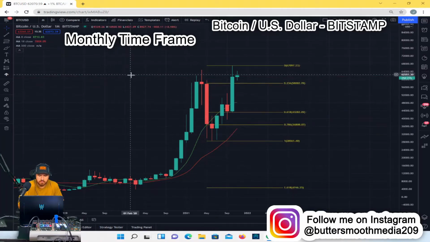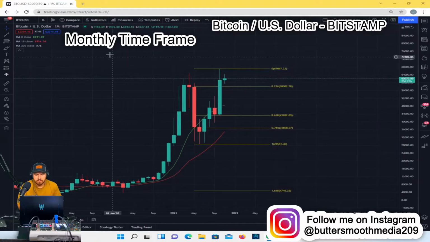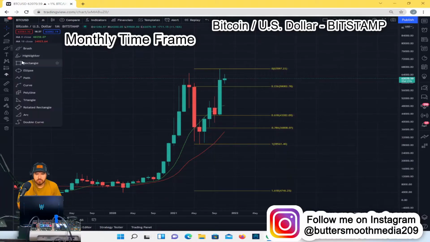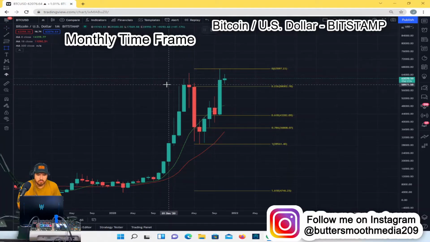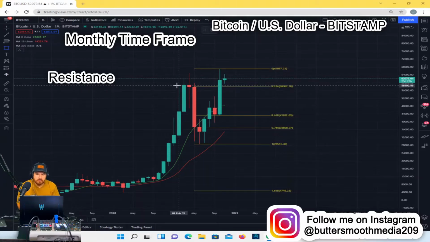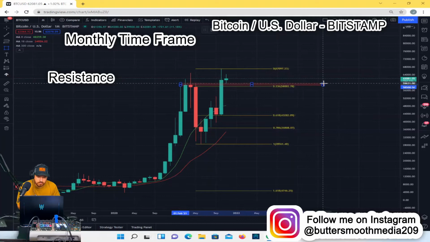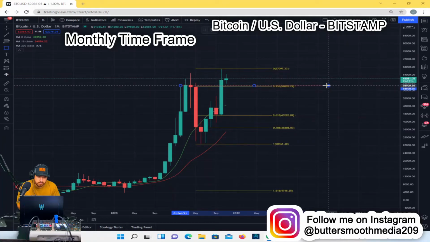When it comes to support and resistance, you want to stay on the larger time frames to get the best levels. Here I like to draw it with the rectangle drawing tool, and we're going to start at resistance. I click and then drag it out, looking at the crosshairs of the cursor. I have it drawn from that wick over there, and let's touch it to the bottom of this current monthly candlestick.